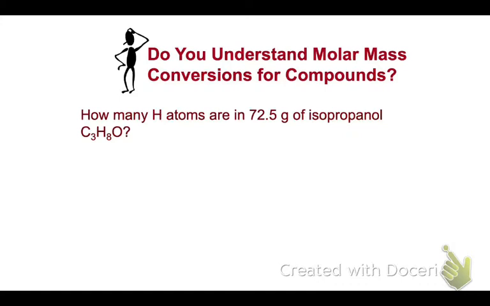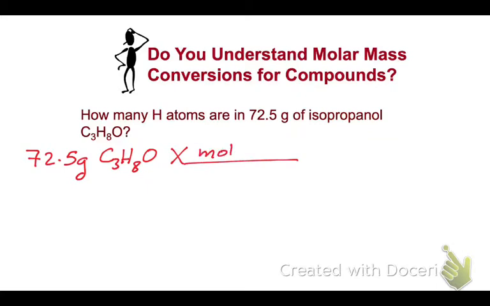How many hydrogen atoms are in 72.5 grams of isopropanol? So we start the question by saying we have 72.5 grams of isopropanol. We're going to have to convert that into mole. So 1 mole of isopropanol, then you calculate the molar mass of isopropanol, which is 60.1 gram of isopropanol.